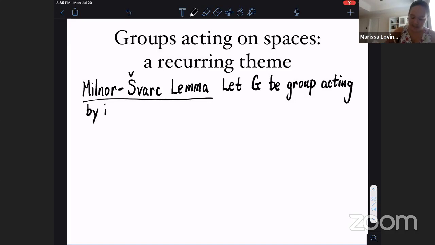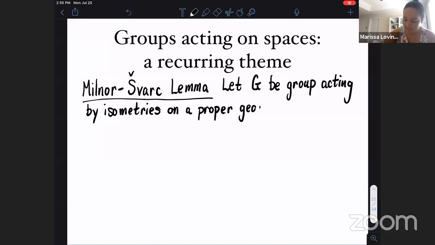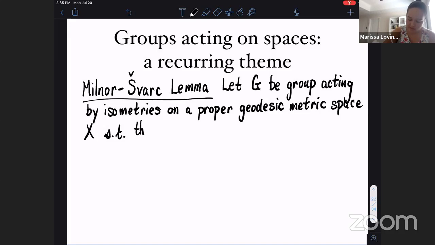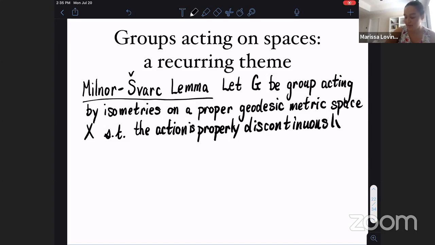So if we have a group G which is acting by isometries on a proper geodesic metric space, let's call this space X, and it's acting properly discontinuously, I literally have to spell this word out in my head while I write it, and co-compactly, then we have two really nice statements that we can say.